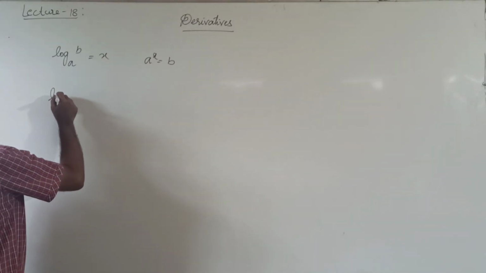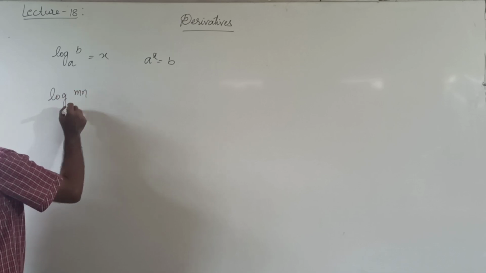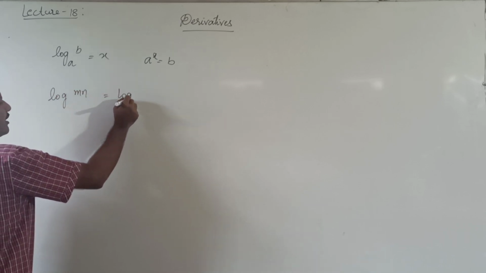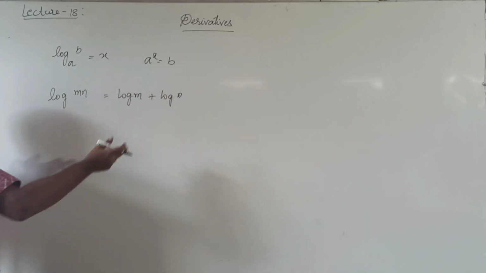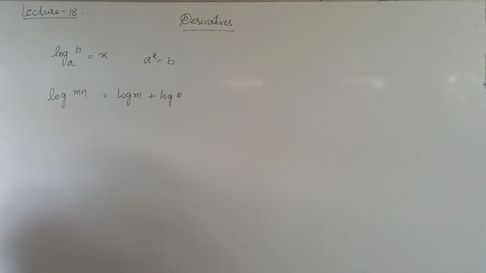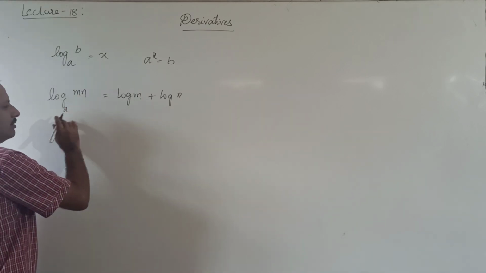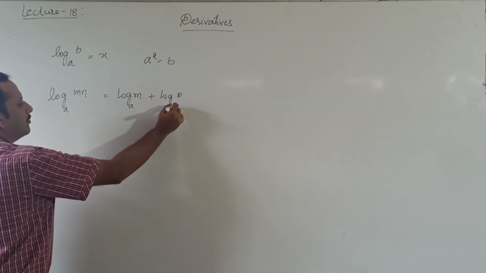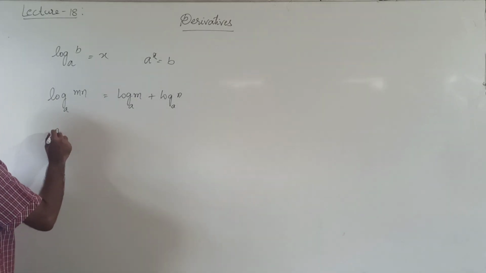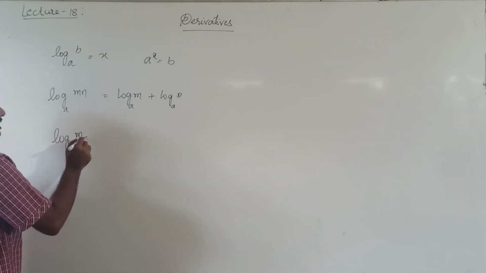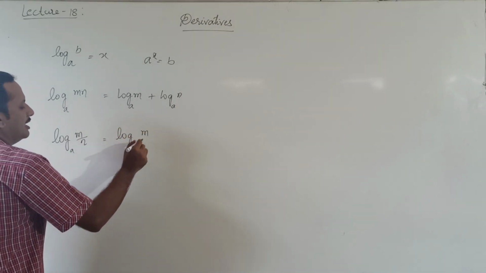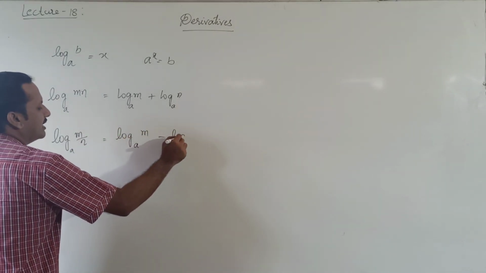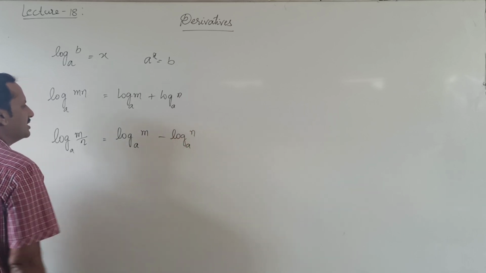Then the properties: log mn is equal to log m plus log n. Here I have not written the base, which means you have to understand that it is the same base. Or if I have log mn to the base a, it is log m to the base a plus log n to the base a. Then log m by n to the base a is equal to log m to the base a minus log n to the base a.